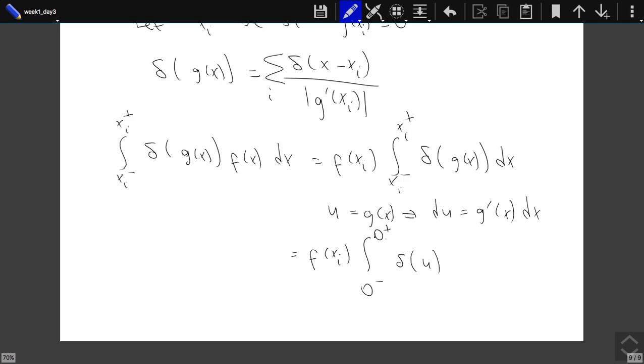So it's 0 minus to 0 plus Dirac delta of u, dx is du divided by g prime of x, but of course as a function of u. So that integral, remember, the integral of Dirac delta just tells us that instead of u, we should put 0. f of xi, 1 over, no, there is no absolute value at this step. 1 over g prime of xi. There is an absolute value in this step, though.